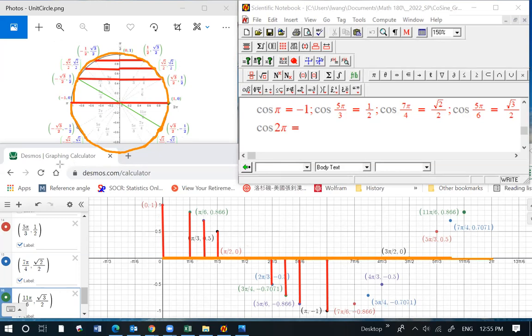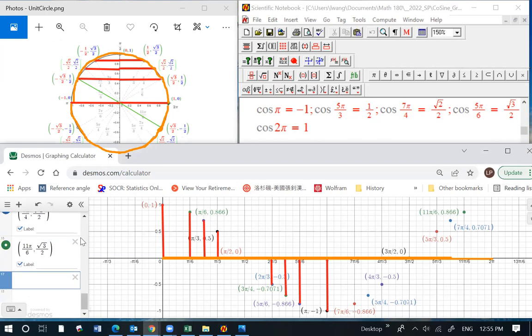Okay. What is the output? Well, the red number on the terminal. What's the red number on the terminal? 1. Okay. So cosine 2 pi equals what? Equals 1, right? So one last point this lesson, 2 pi, comma, 1.